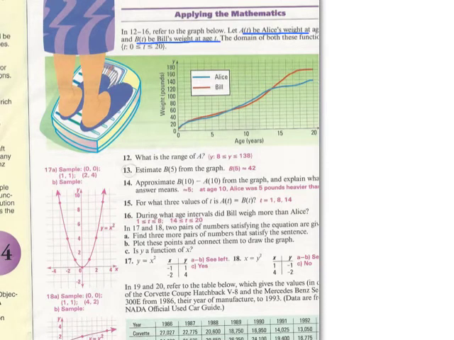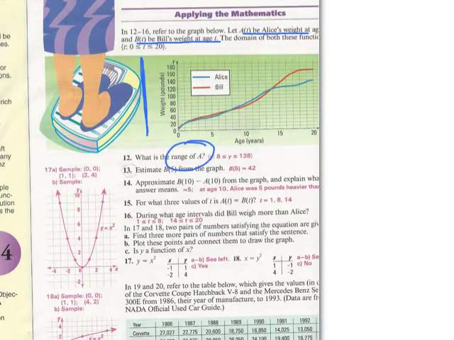So this is really a graph of Alice's weight as compared to their age, and Bill's weight as compared to their age. So what is the range of A? Remember, range of A is like your y values, which are here on your graph. So I want to know for graph A, which is, according to this key, the blue line, what is the range of these values? And you kind of do have to estimate here.